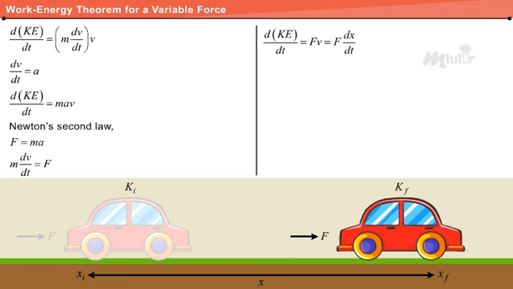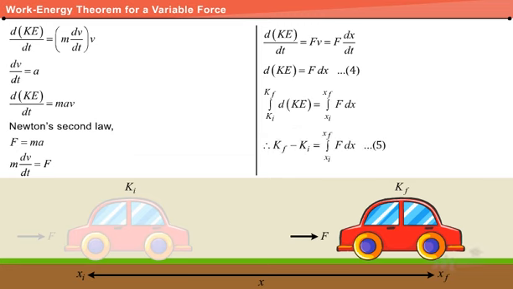Also the velocity term v in the expression can be represented as the rate of displacement, v is equal to dx by dt. After simplification, we get equation 4, as shown on the screen. Now integrating equation 4 in the limits from xi to xf for the displacement, and for ki to kf for the corresponding kinetic energy, we get equation 5 as shown.